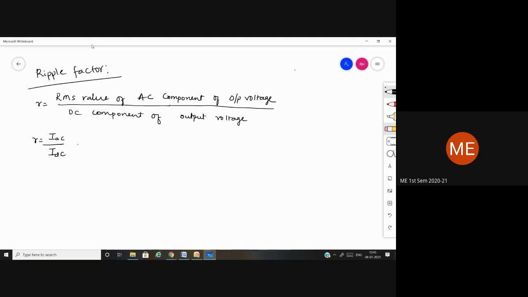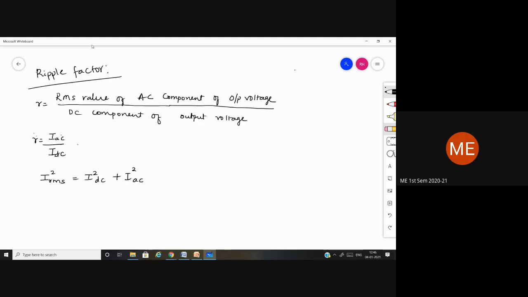We have one more equation for the RMS value: I RMS square is equal to I square DC plus I square AC. Among these three parameters, for which do we have an equation?